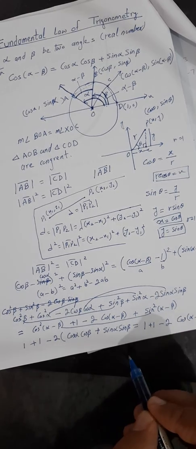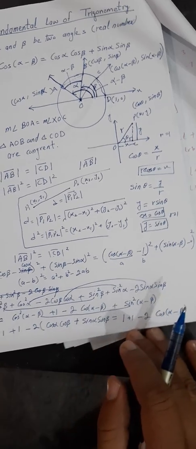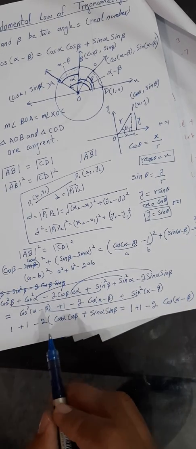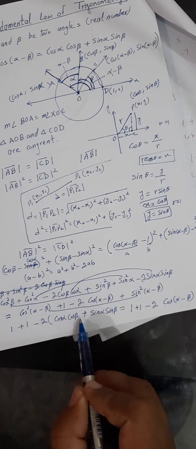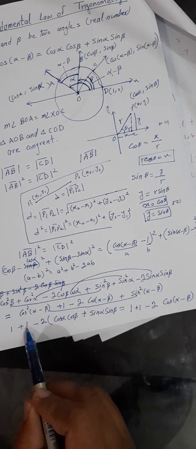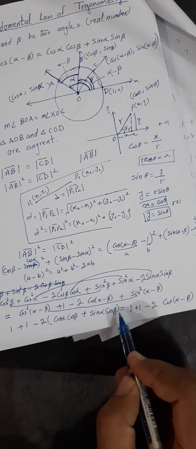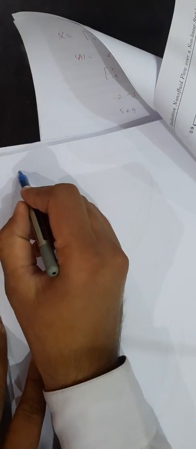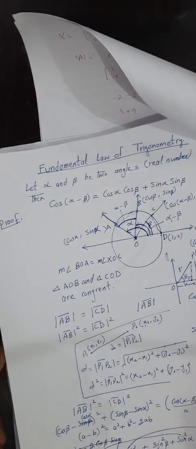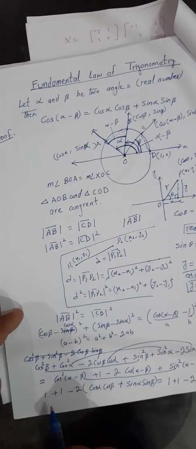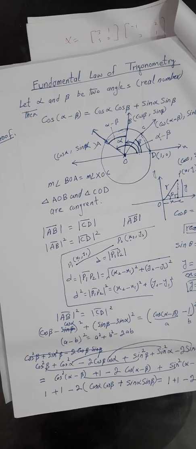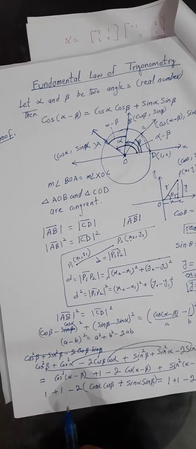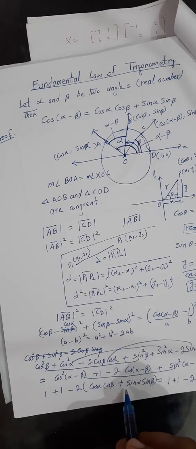In the next step, we write this again: 1 plus 1 is 2, and 2 minus 2 into (cos alpha cos beta plus sin alpha sin beta).